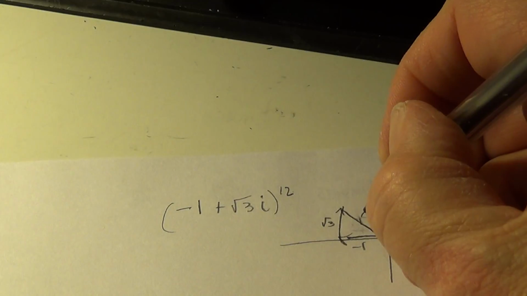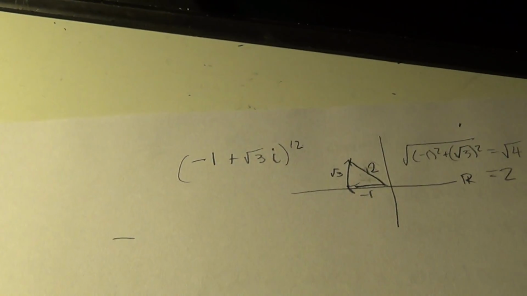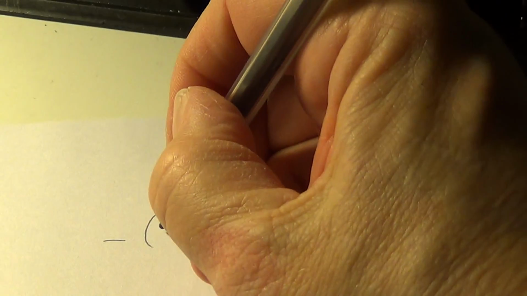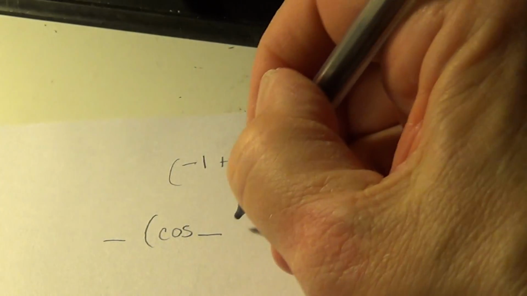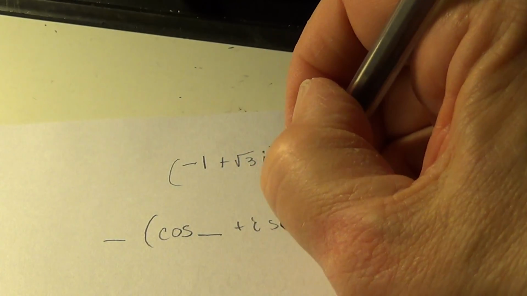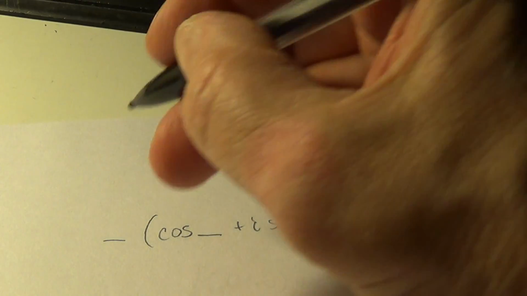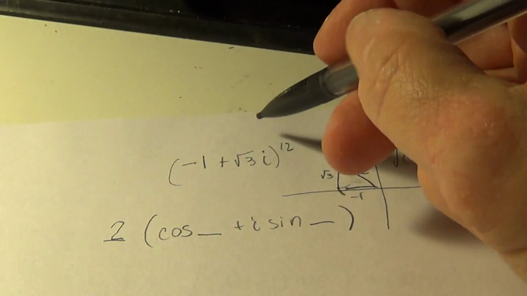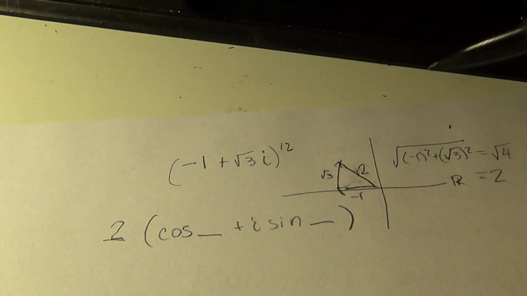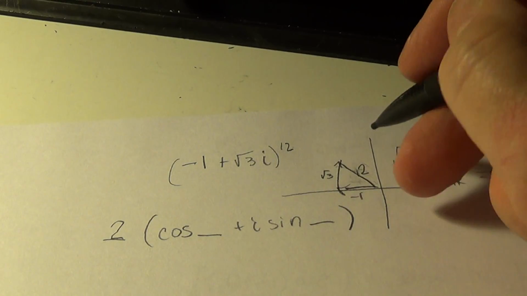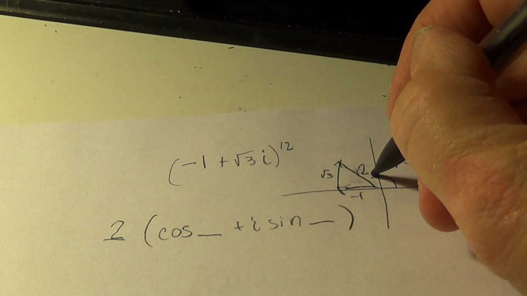So remember, when I write something in trig form, it has a number outside the parentheses, and then it says cosine of an angle plus i sine of an angle. That's my little skeleton form, and I've just found the 2. It goes out here, and I did it with the Pythagorean theorem. Now I need to know the angle from here to here.